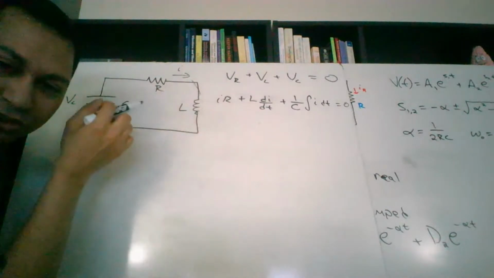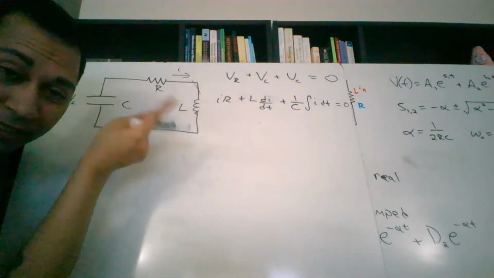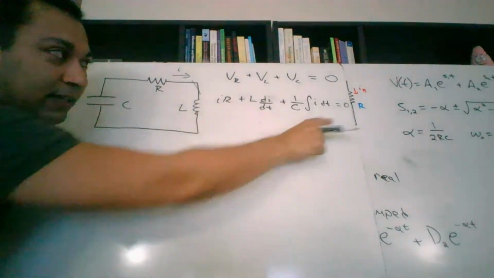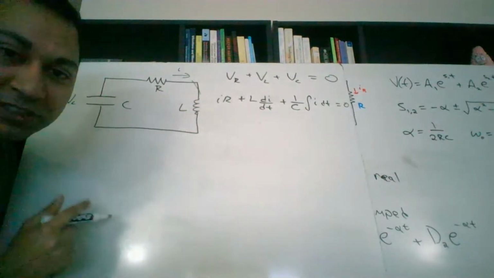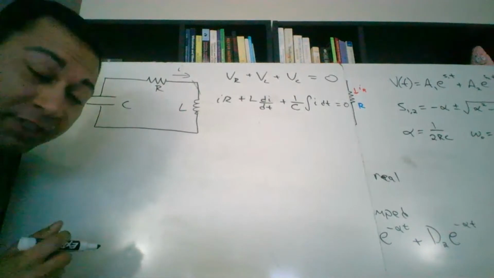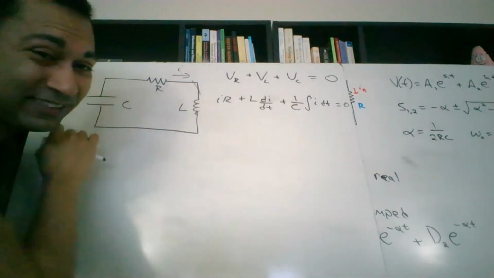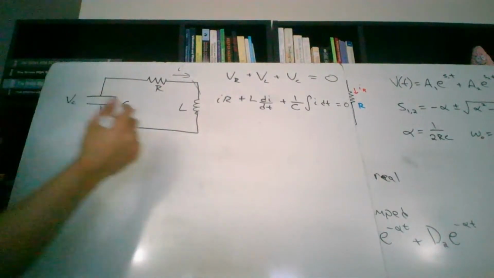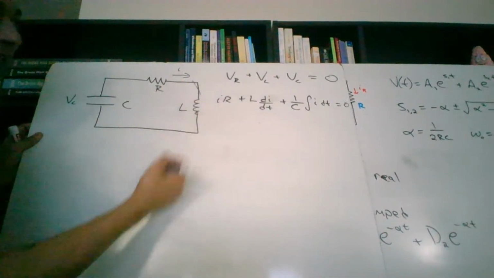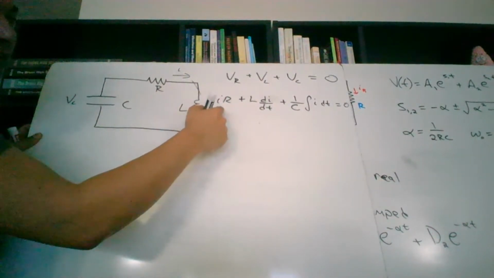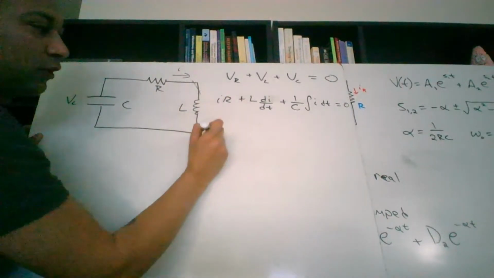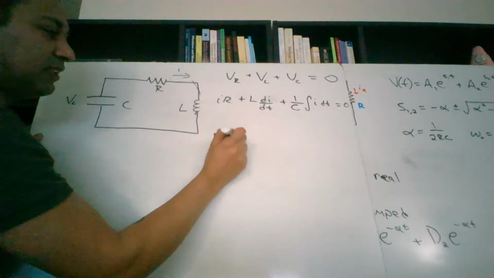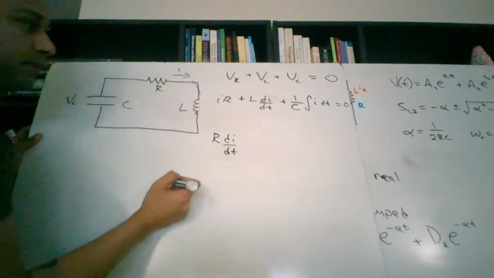Well, just like I did before in the parallel circuit, I am going to multiply this side and this side by d over dt. And the reason why I'm going to do that is because I want to get rid of that integral sign. I don't like integrals. So if I multiply dt over here, this term right here will become R di over dt.